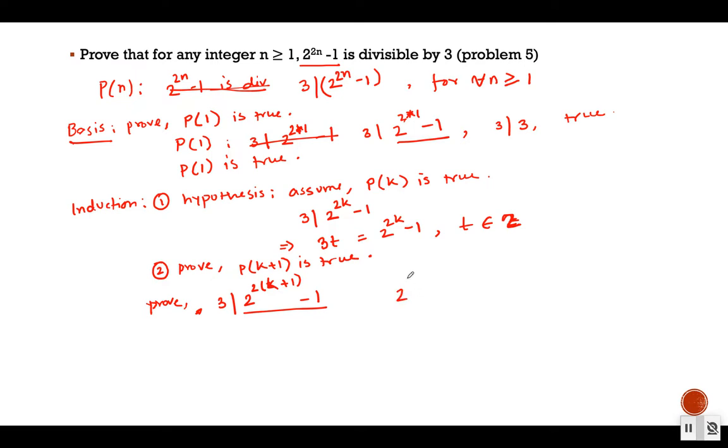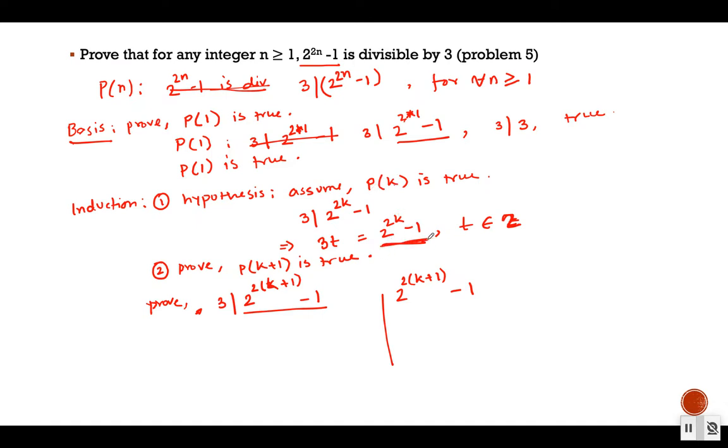So what does it look like? 2 to the power 2(k+1) minus 1. Always remember what we are trying to do: we are trying to prove P(k+1) is true using the hypothesis that P(k) is true. So we have to use the fact from P(k), from the propositional function with n equal to k.